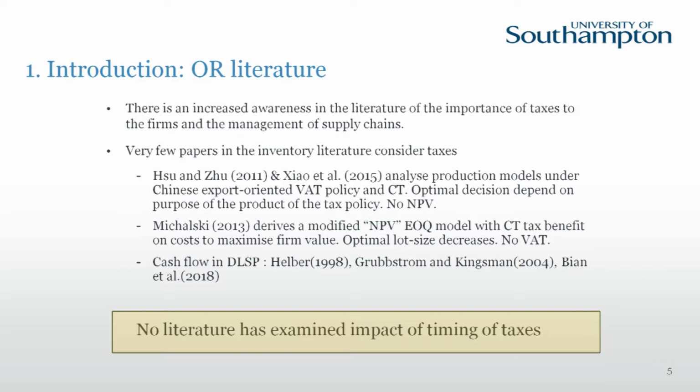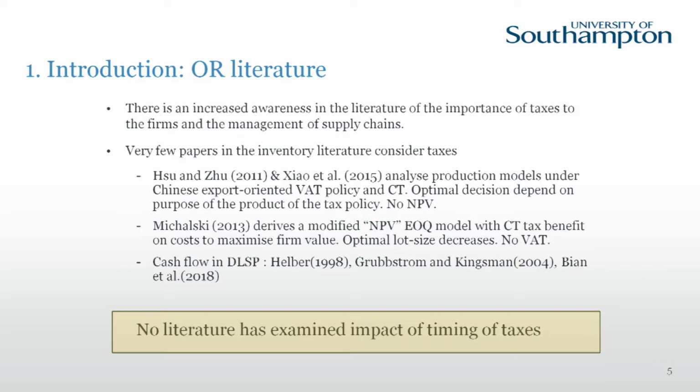Huzhou 2011 and a 2015 paper look at optimal production decisions depending on the purpose of the tax policies. Another one is Miyake 2013, which modified the NPV and the EOQ model, where corporation tax is applied and the optimal decision decreases.